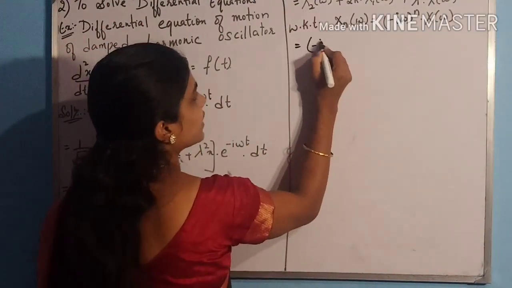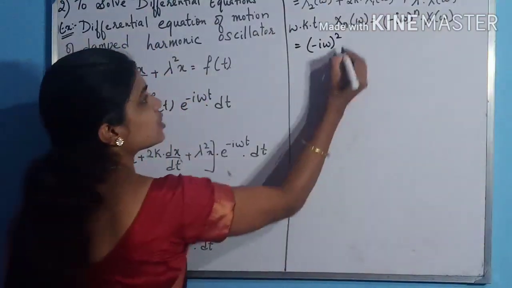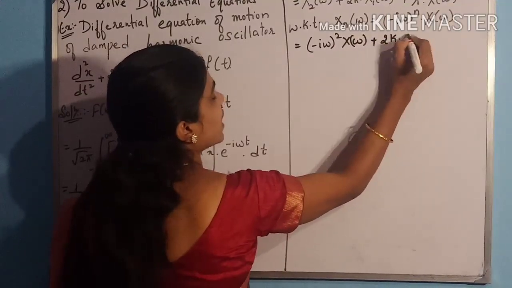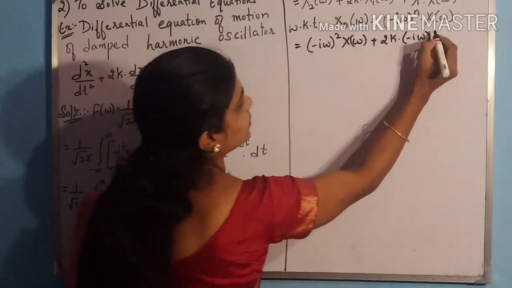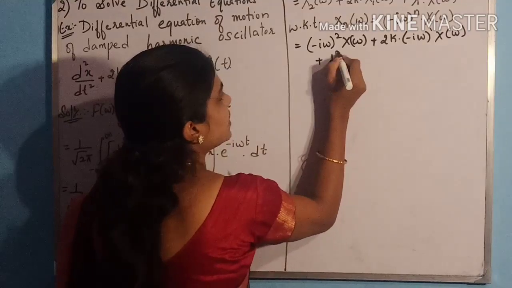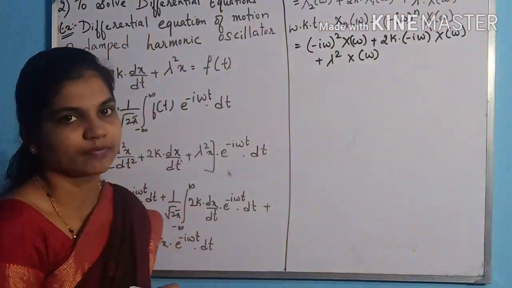So we get: for the second derivative, (iω)^2 X(ω), plus 2k times (−iω), since n equals 1, X(ω), plus λ² X(ω), which remains the same.